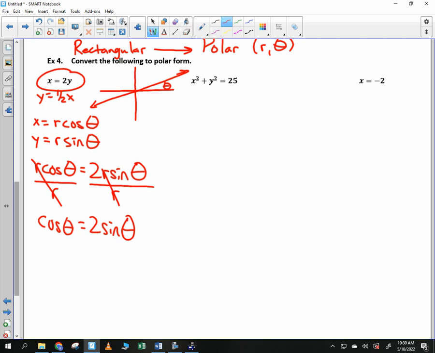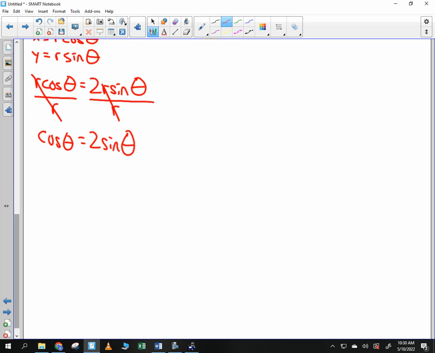Again, you told me that theta is the same the entire time. I want to solve for theta. Anybody think of what I could do to solve for theta? Sure, divide by cosine. And so if I divide by cosine, I get 1 is equal to what? Close. 2 tangent of theta.